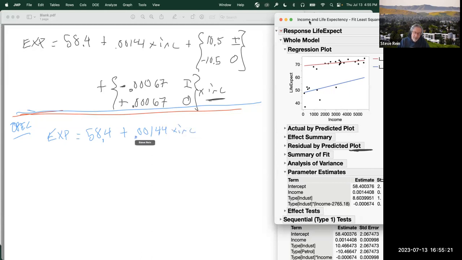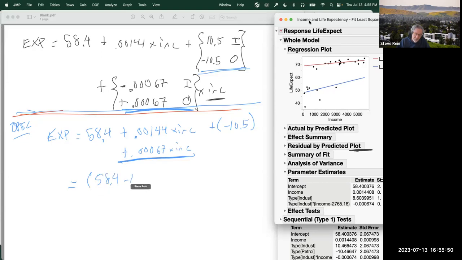But I'm now going to add in a negative 10.5 because it's an OPEC country. Again, you have the adjustment to the intercept for the country type. And we also have an adjustment to the slope associated with the country type, plus 0.00067 times income. And you can imagine I'm going to need some calculator help here after I do my algebra.